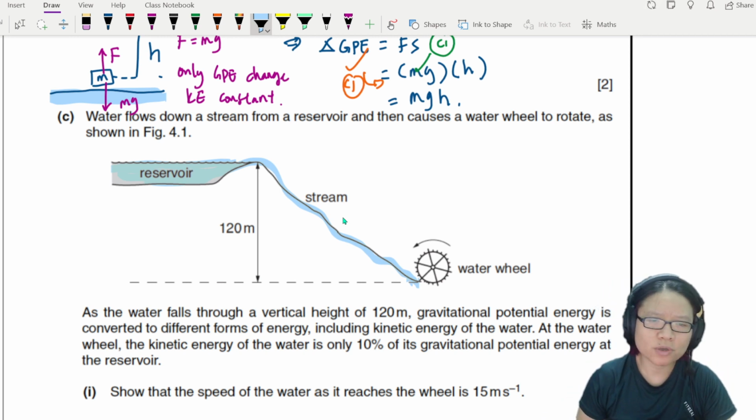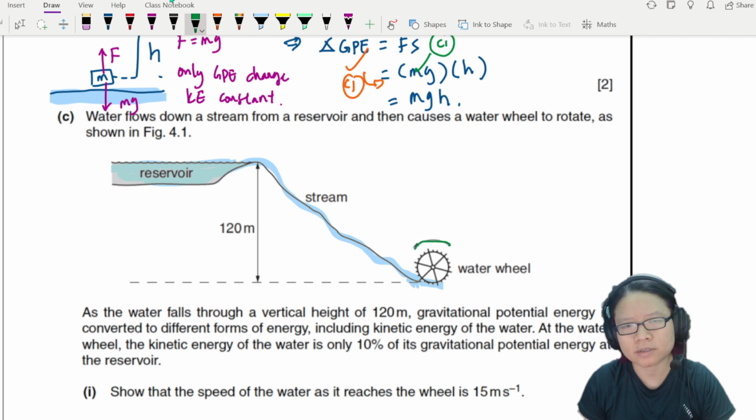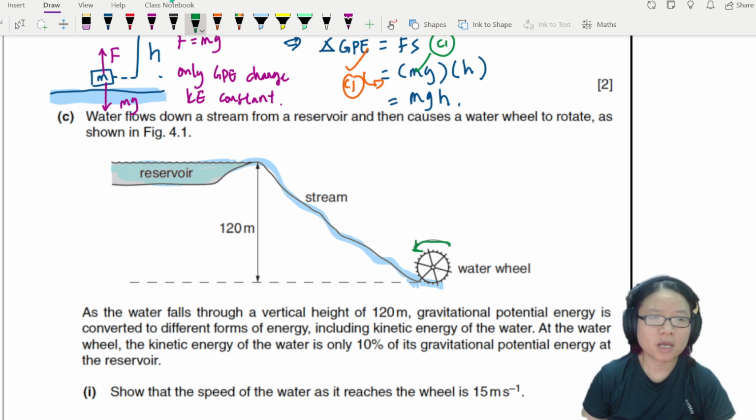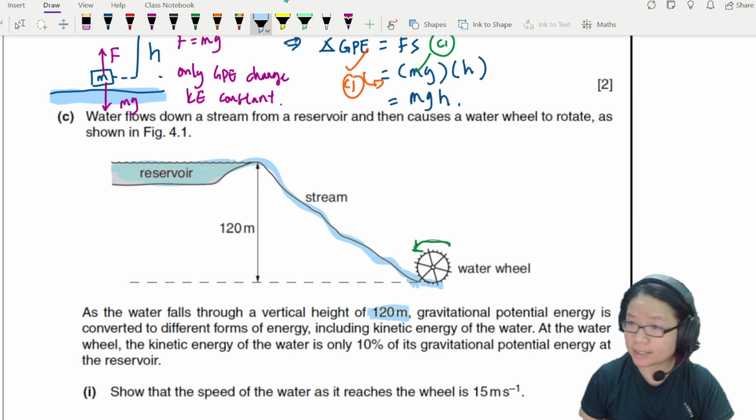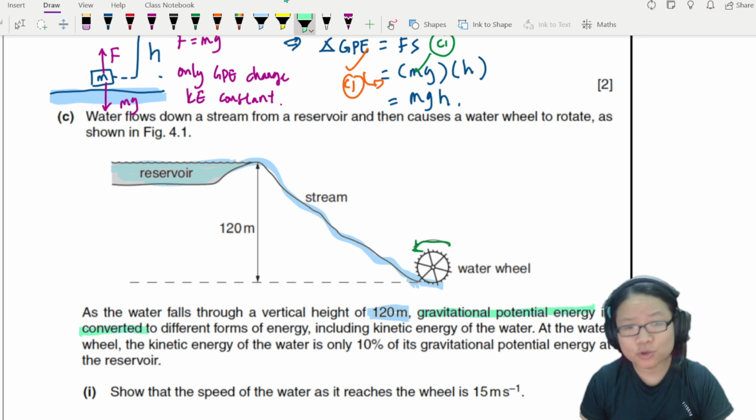All right, so the water that's flowing down will rotate the water wheel. Okay, will cause this water wheel to turn. Okay, and the water falls through a vertical height of 120 meters. Gravitational potential energy is converted to different forms of energy, including kinetic energy of the water.